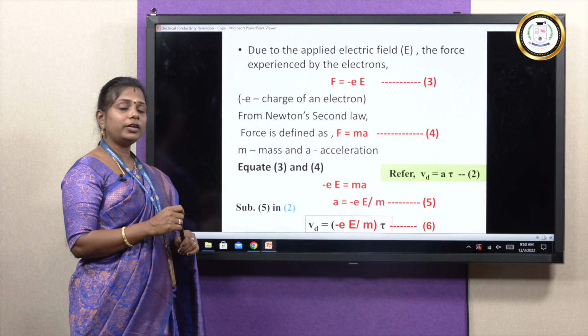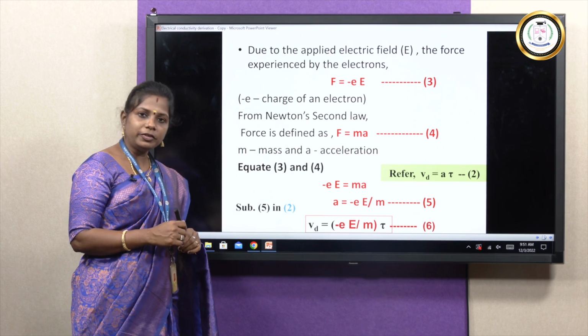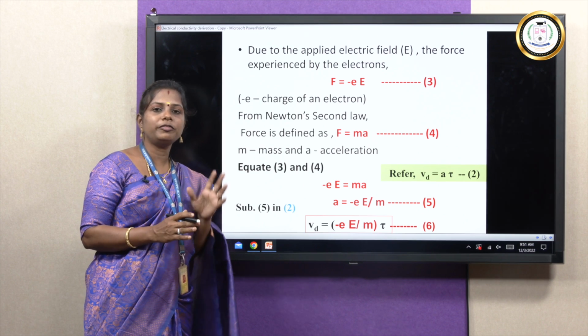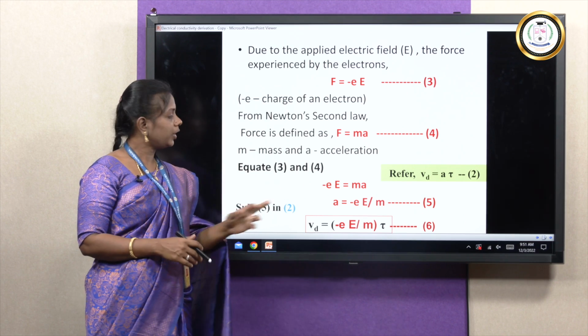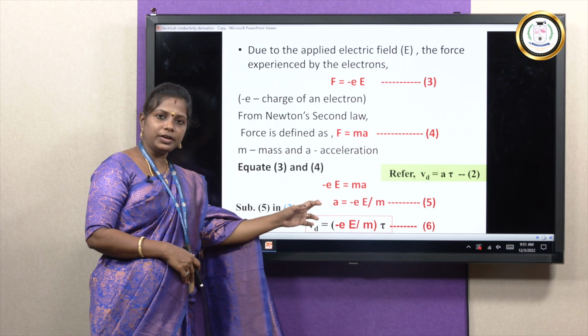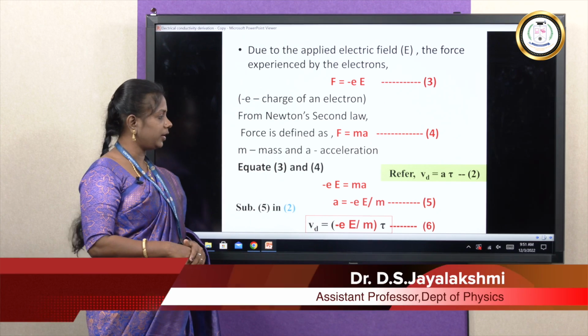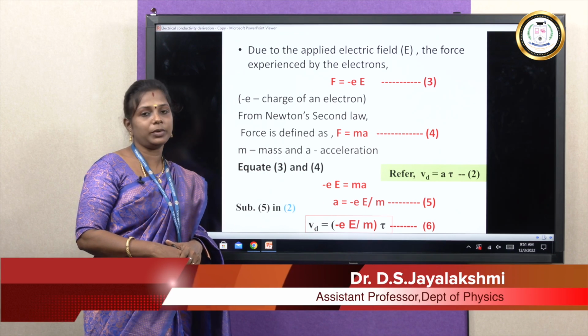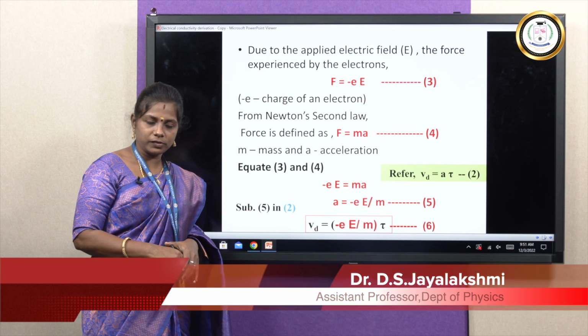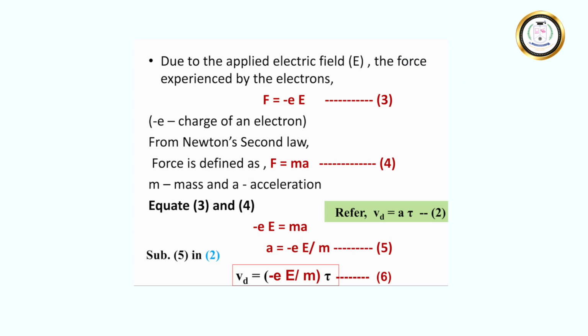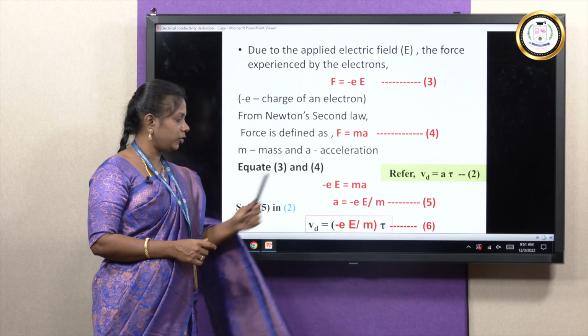Already we mentioned that drift velocity is nothing but the product of acceleration and time. In equation 5, we derived the acceleration as minus eE by m. Minus e is the charge of an electron, capital E is the applied electric field, and m is the mass of an electron. Now substitute 5 in equation 2.